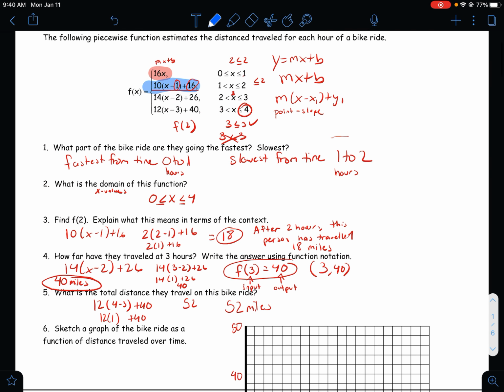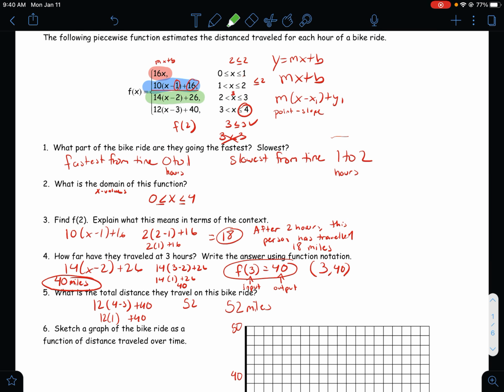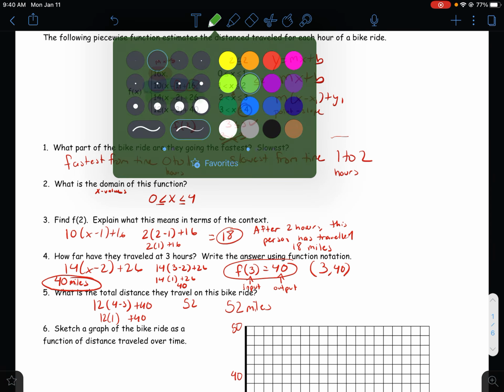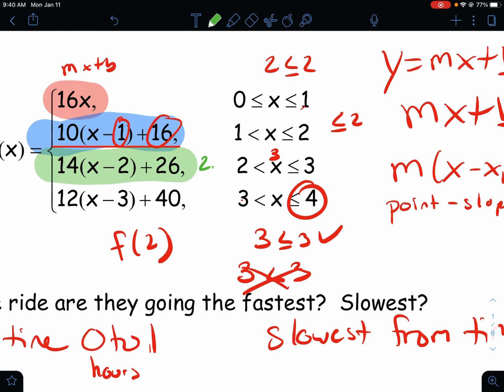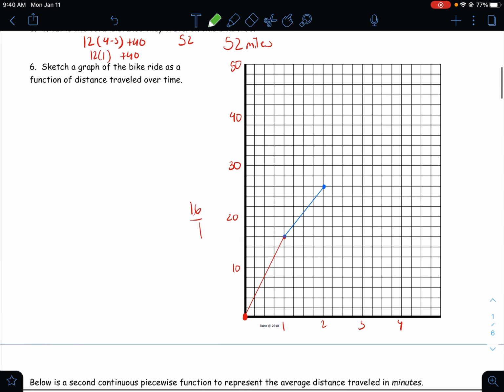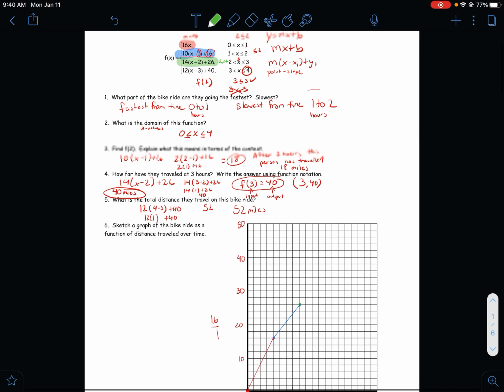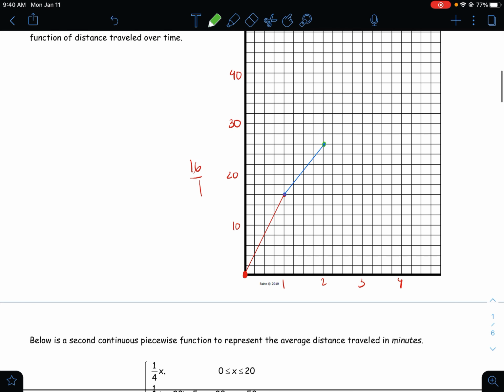So now we'll do it in green. And again, whoever made this, very nice person. They gave you the point (2, 26). So we can go ahead and do an open circle at (2, 26), and the slope we've got is 14. So if we're starting out at 26, we're going to add 14, and we end up at 40.